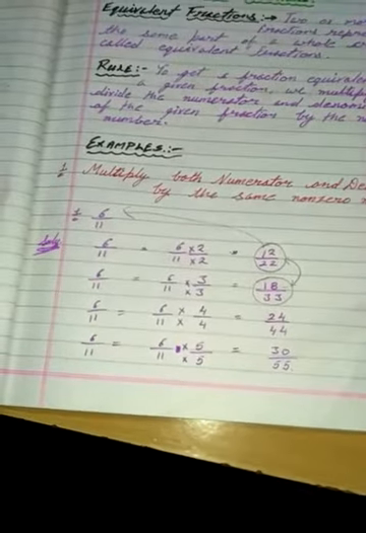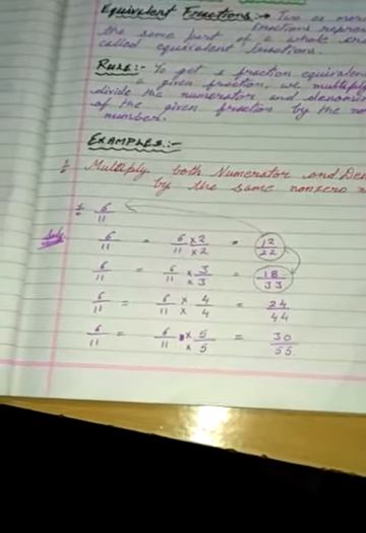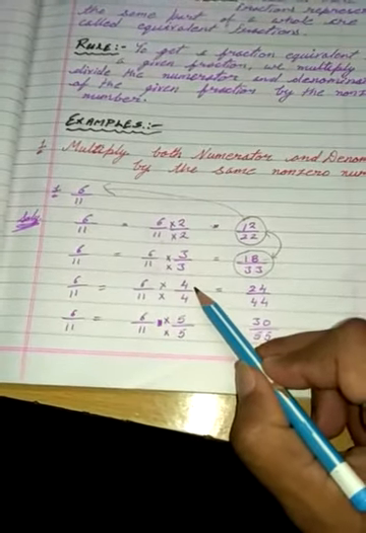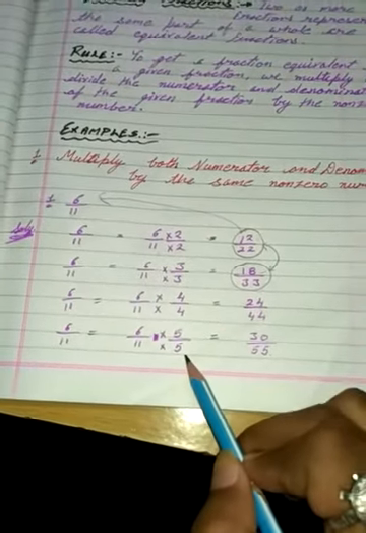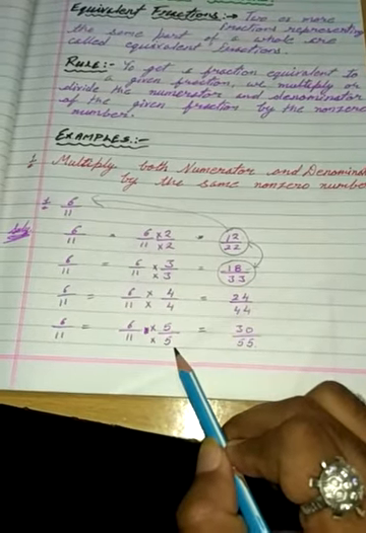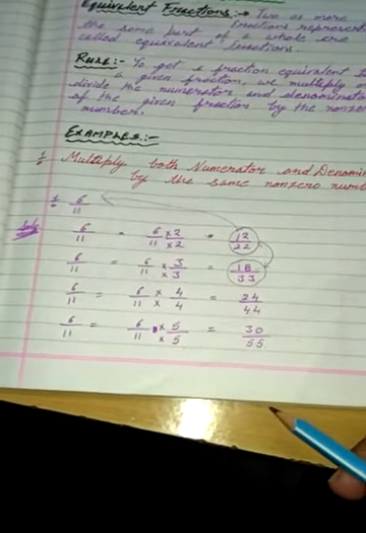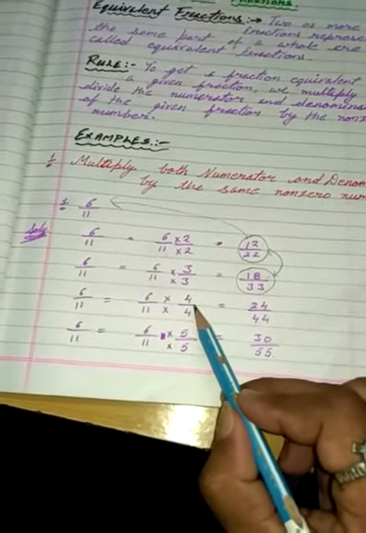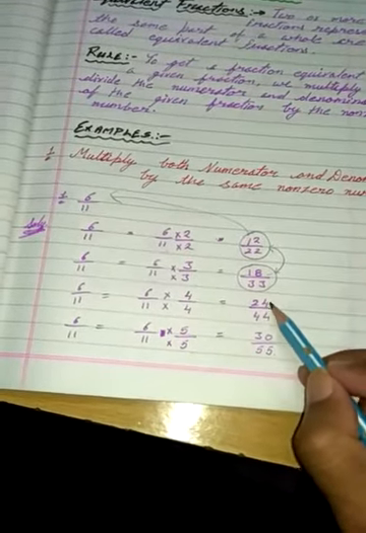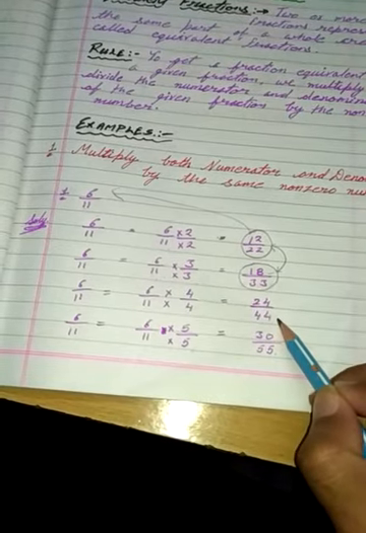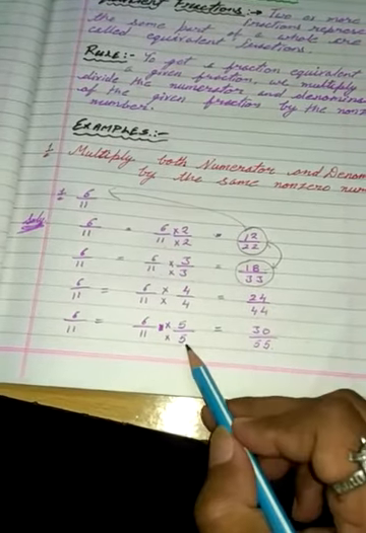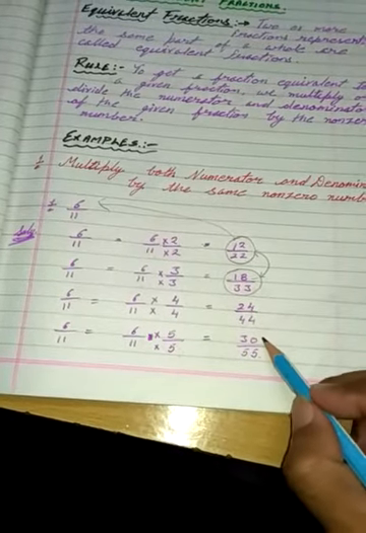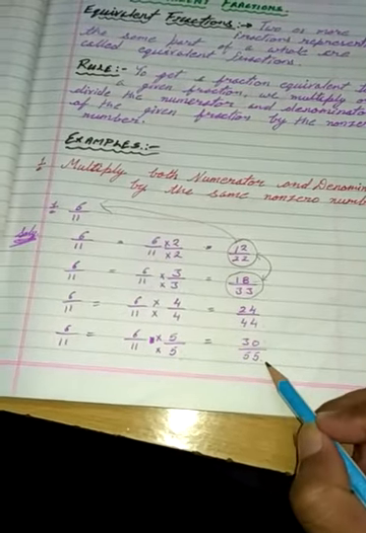Now if we multiply by other numbers like 4 and 5, we get more equivalent fractions. When we multiply by 4 we get 24 upon 44, and when we multiply by 5 we get 30 upon 55.